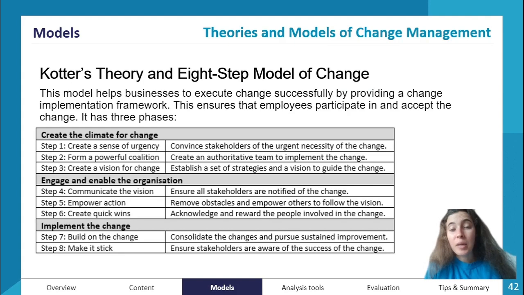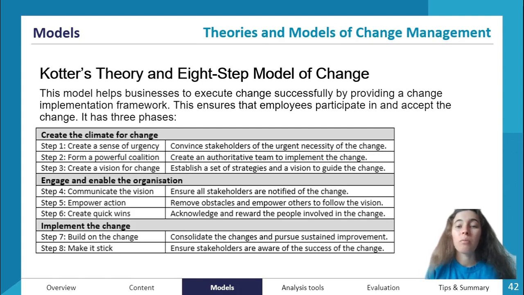Something that is similar but a little bit more detailed is Kotter's theory, an 8-step model of change. So this is something that you need to work on trying to remember. So this model is about helping businesses execute change successfully by providing that framework for them to follow for a successful change.